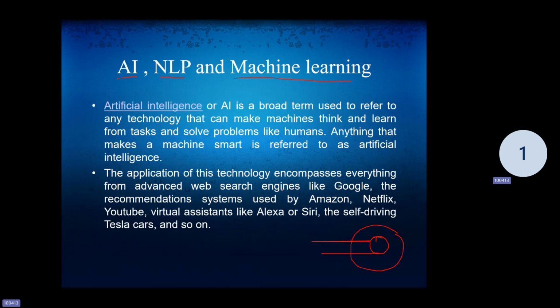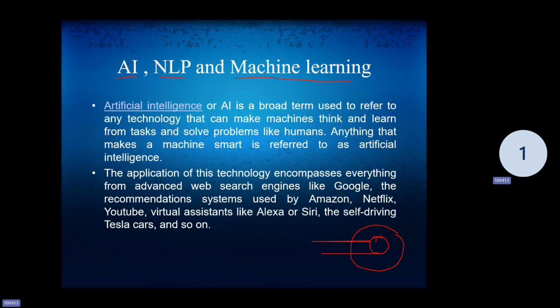For example, a chatbot. A chatbot is a machine, and we give some instructions to that machine so that it can solve problems, but specific problems only. It's an expert system created for a specific task. If a medical chatbot is there, it can give answers to your medical-related queries.